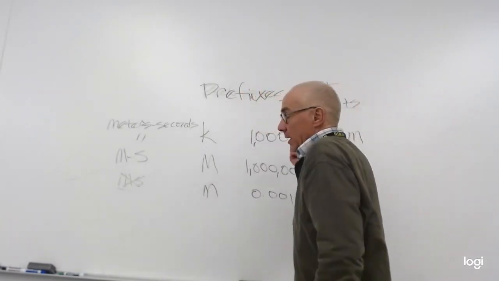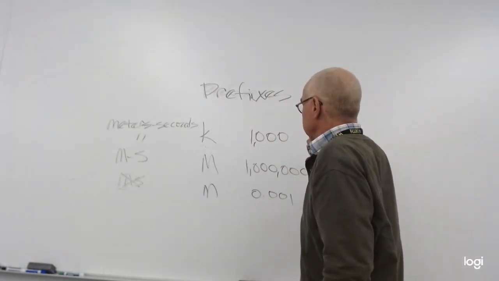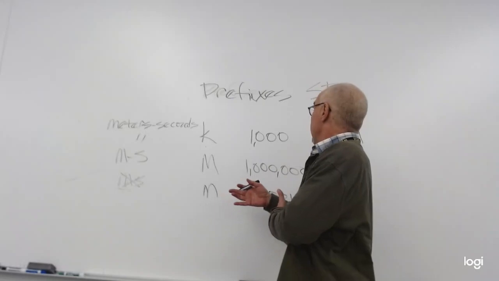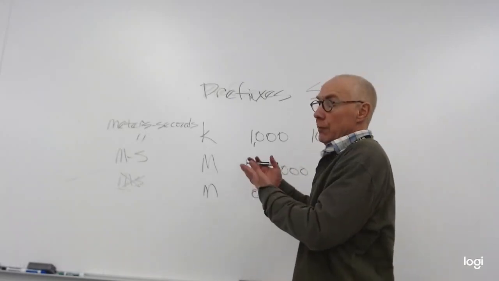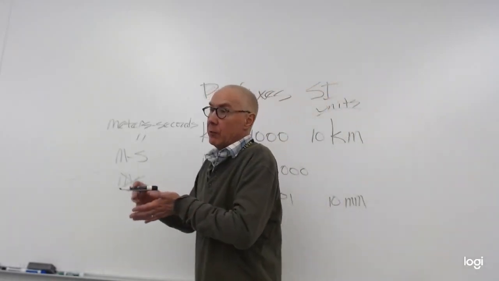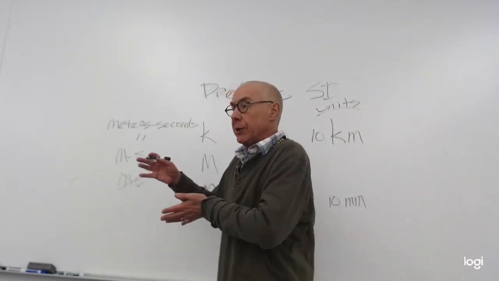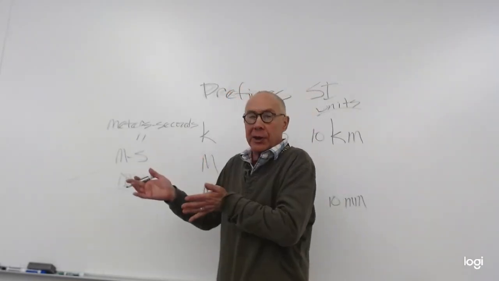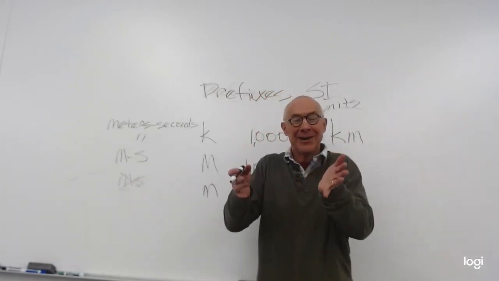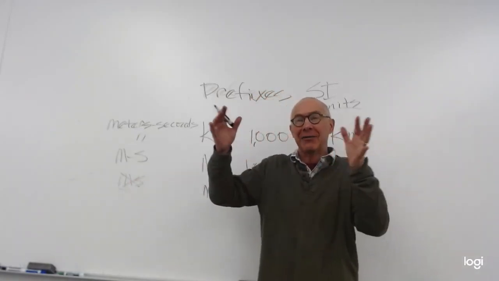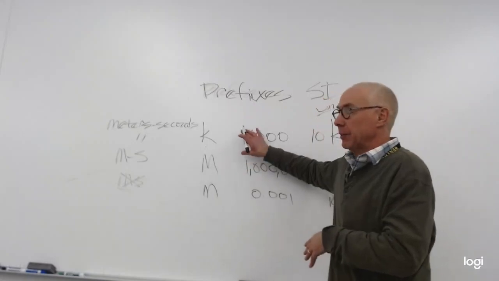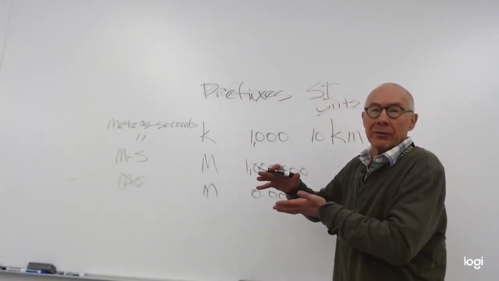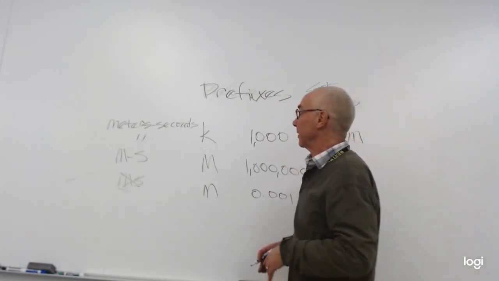They can be really handy, because if you're dealing with thousands of newtons, it's a lot easier to write 1.3 kilonewtons than 1300 newtons. If you have a long equation, you're going to have a lot of very big numbers. This enables you to keep the numbers in relatively small packages.